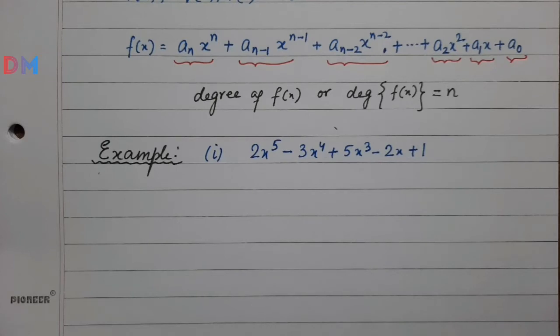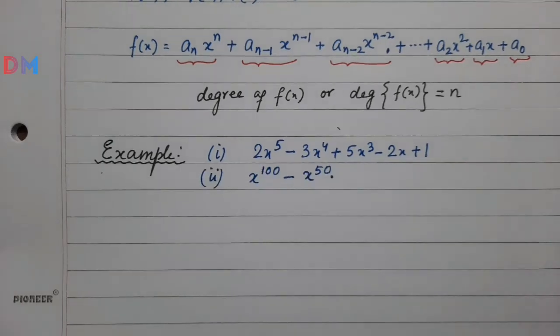Now let us see some more examples. Our second example, x to the power 100 minus x to the power 50. So this is a polynomial of degree 100. Now the question is, what is the coefficient of x to the power 100? The answer is 1. What is the coefficient of x to the power 80?